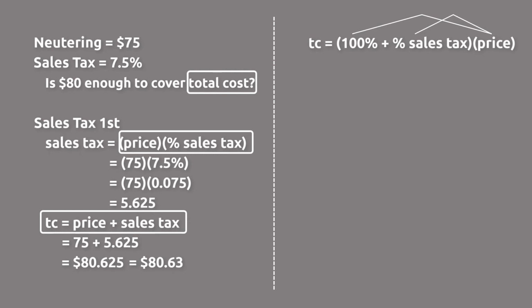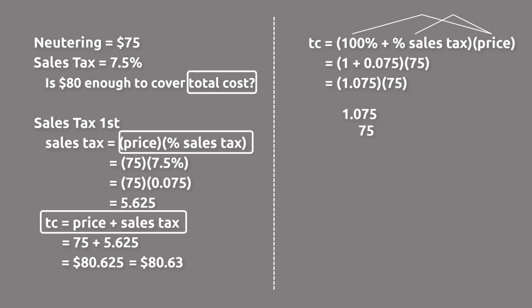Let's change this to a decimal as we do it. So 1 plus 0.075 times the price, $75, equals 1.075 times 75. And in this instance, we will go ahead and write out the multiplication problem.